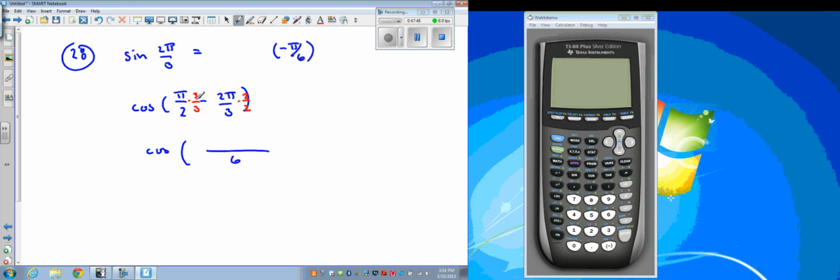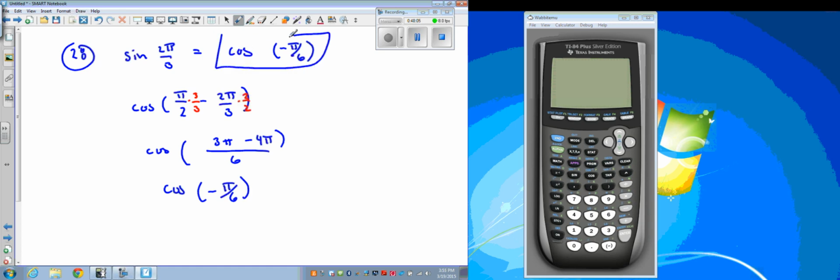This is going to be 3 pi minus 4 pi. So it's going to be cosine of a negative pi over 6. So the answer is cosine. That's what the blank was.